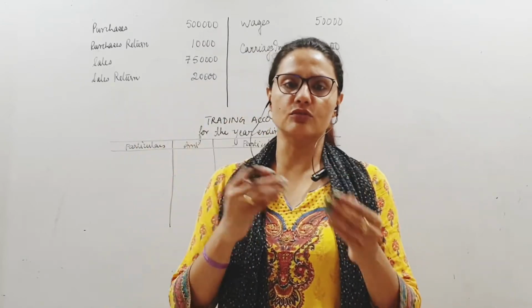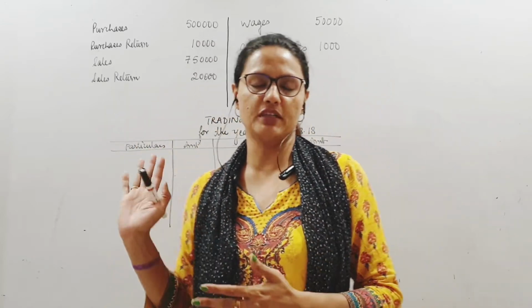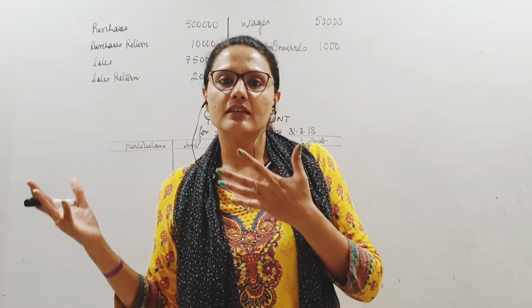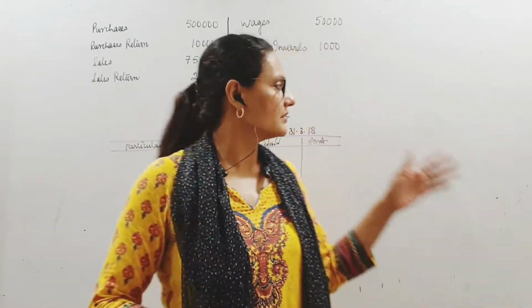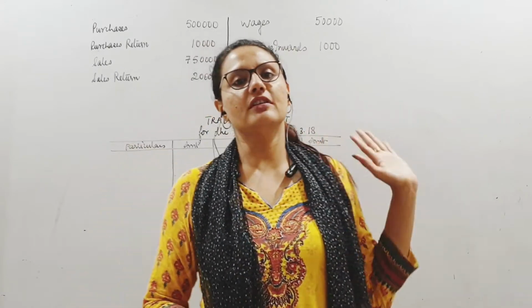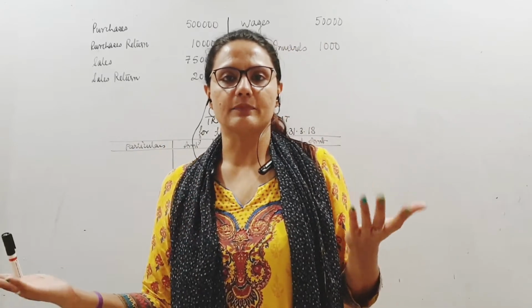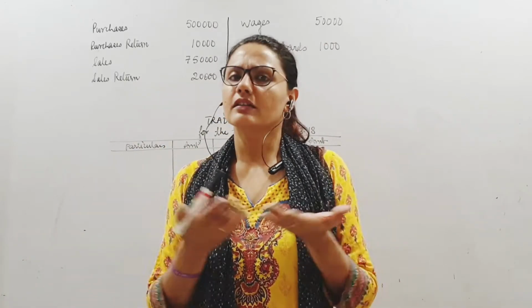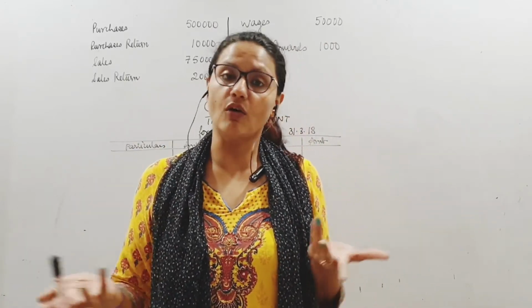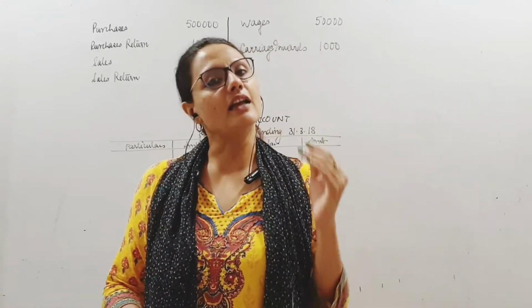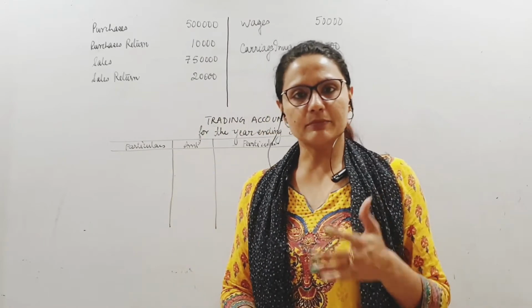From there I pick and choose only the direct expenses and put them in the debit of the trading account. I pick up the direct income, like sales, and put it in the credit side of the trading account. Income here, expense here. The difference will give me profit or loss depending on whichever is more. If income is more, there will be profit; if expense is more, there will be loss, right? We'll come to that later.